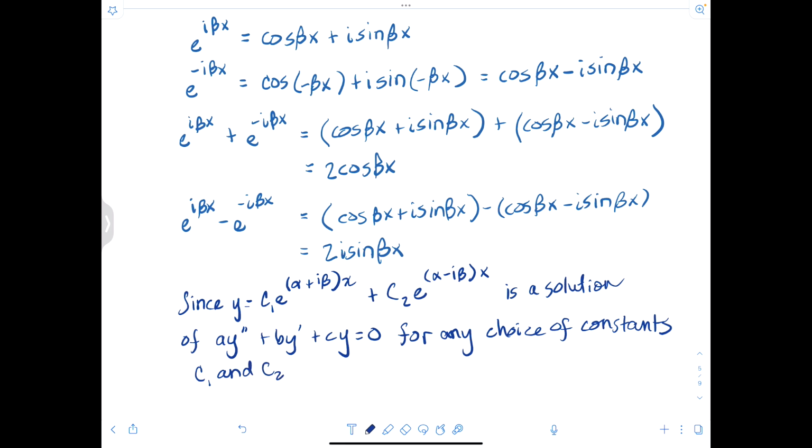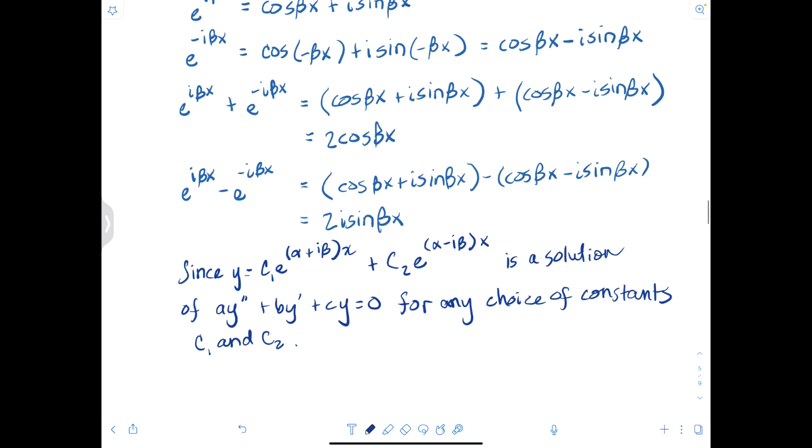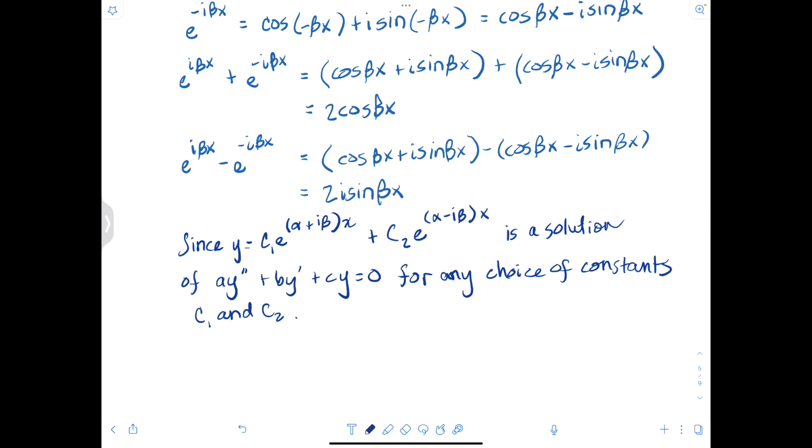We can be strategic for these two things. So we can say that for y1, we could let C1 equal C2 equal to 1.